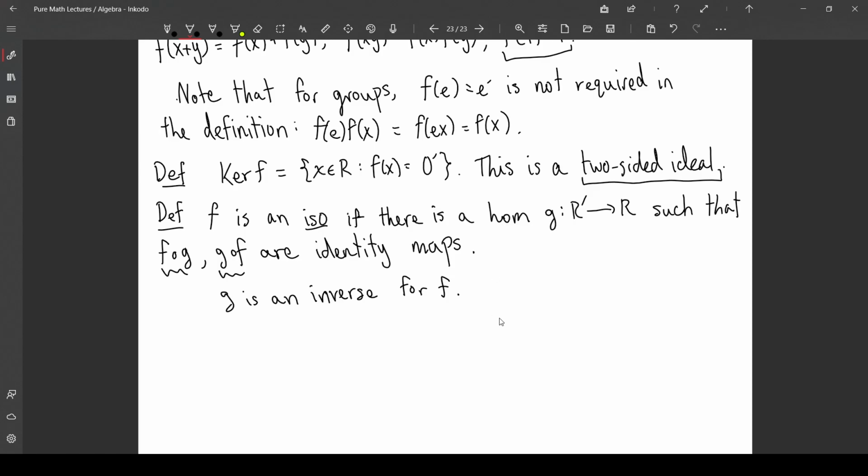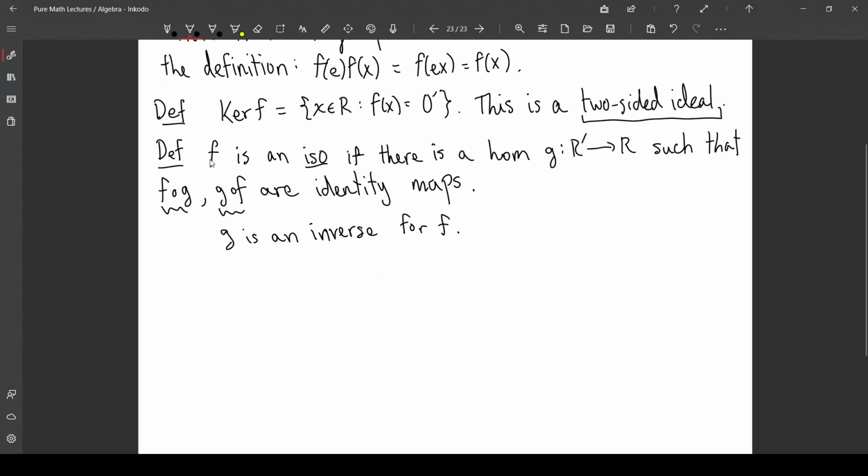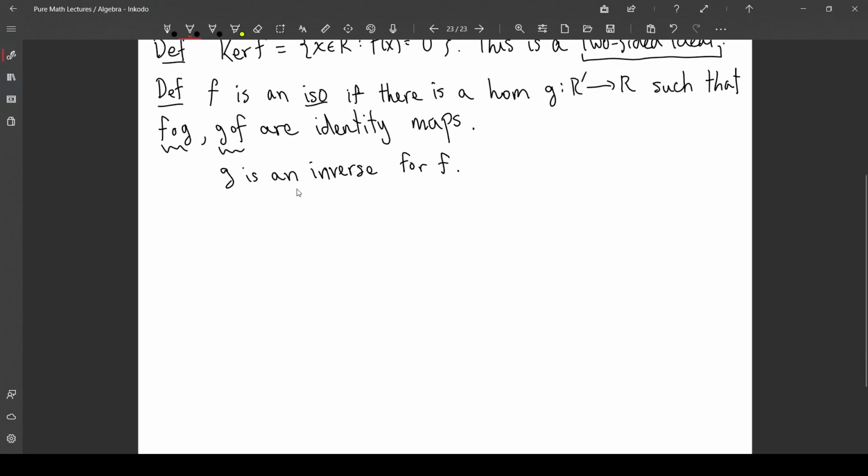But we can actually show that any homomorphism with an inverse, that inverse is actually also a homomorphism. So I'll just prove this as a little proposition.